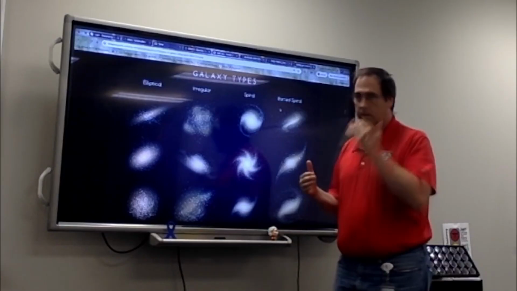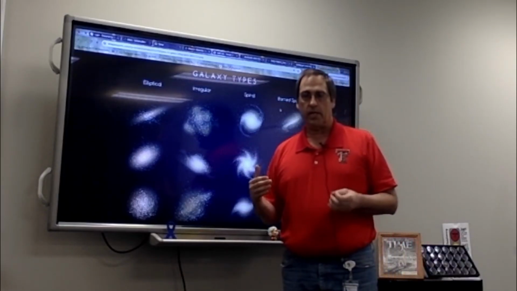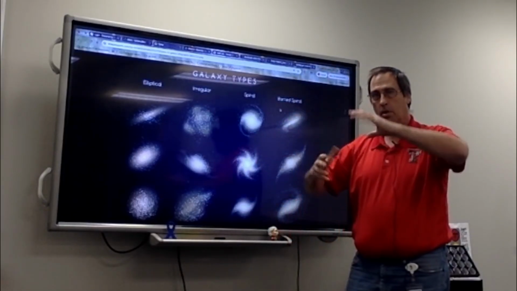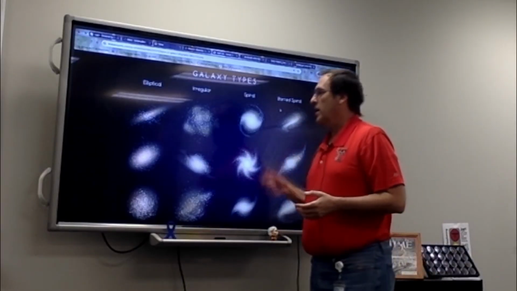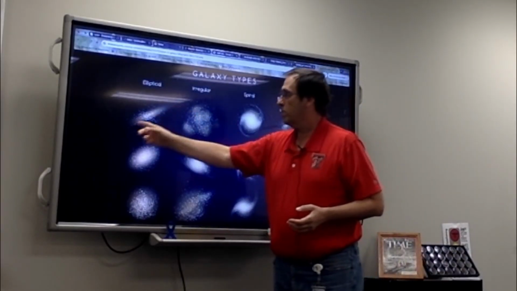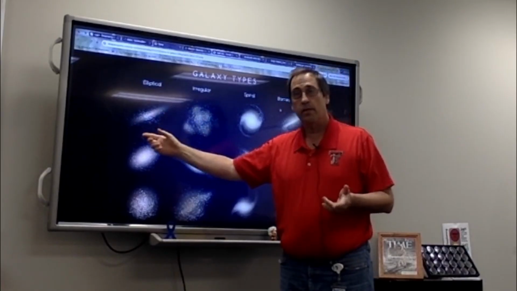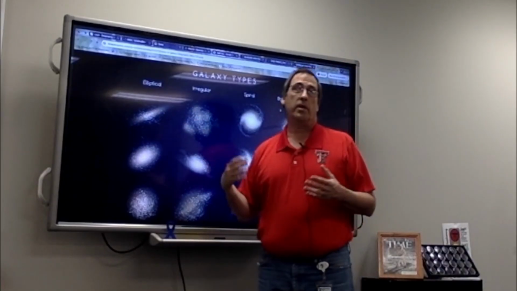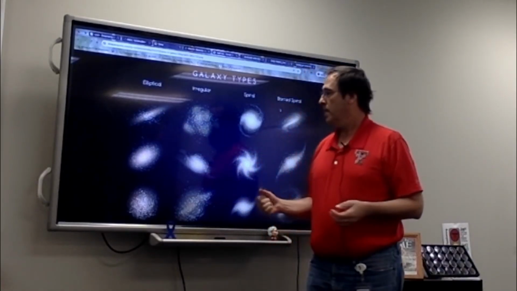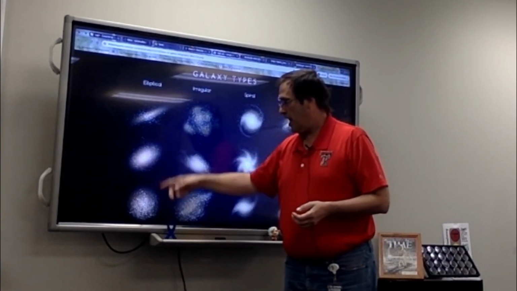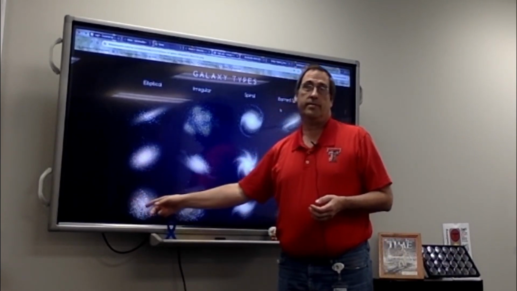I realize that some of this might be because of how we're looking at it. Some of them are a little bit more cigar shaped, and if they're cigar shaped enough, they may even be called a ventricular galaxy. So they're basically spread out blobs.